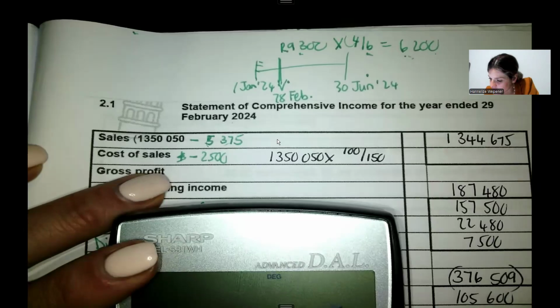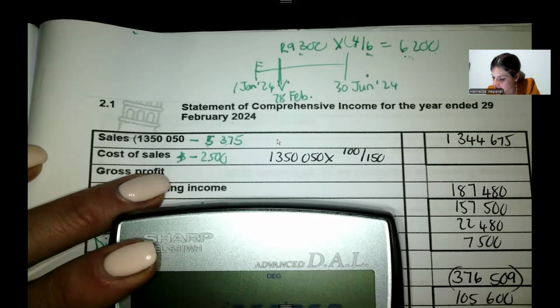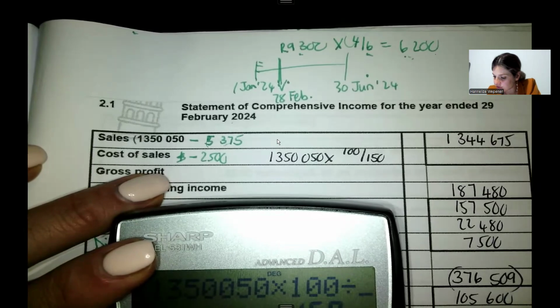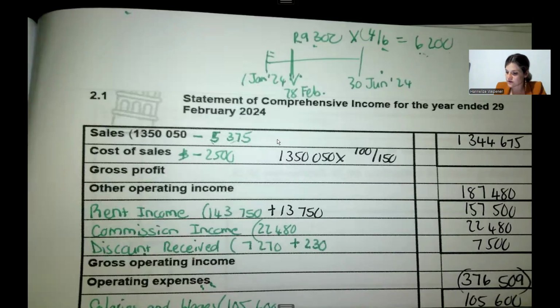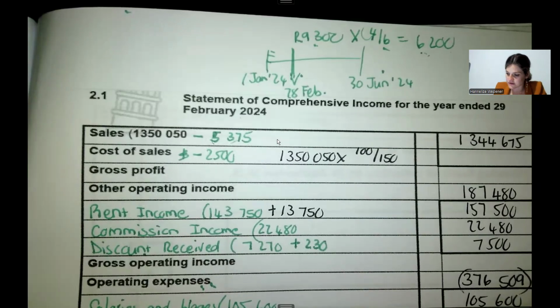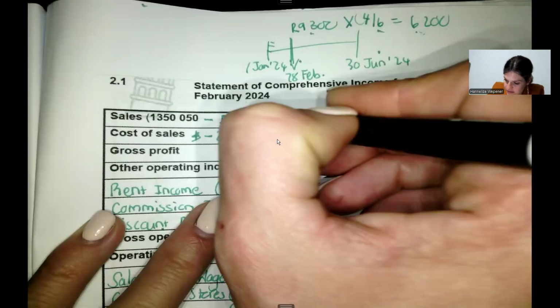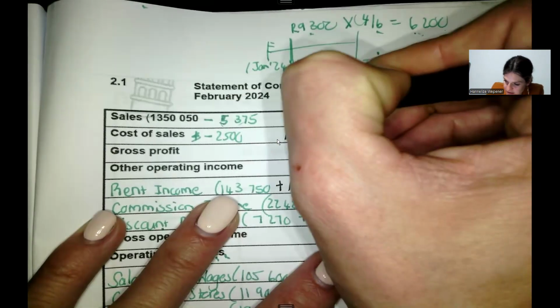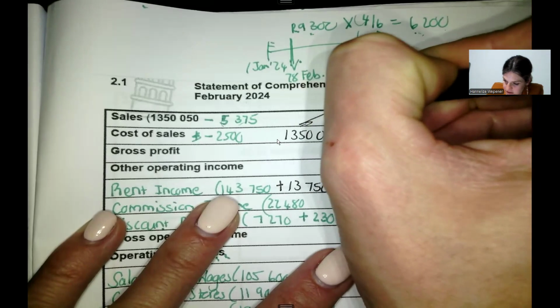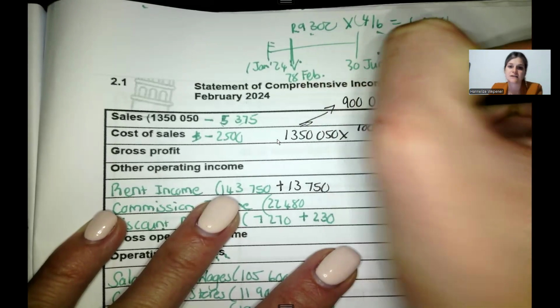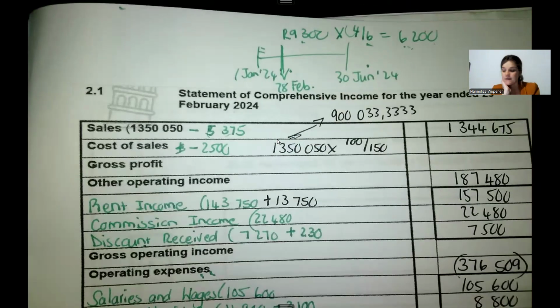So 1,350,050 times 100 divided by 150 to get your cost. Let me just quickly do that. Okay, so that gives me this amount. I'm just going to quickly write that down here and then I will explain.